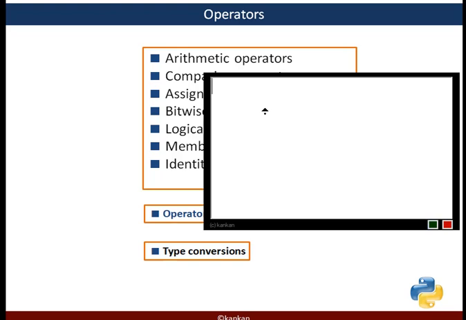So if you compare, what will be the output? Either true or false. So a comparison operator always produces true or false.